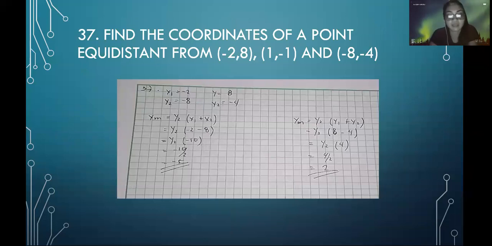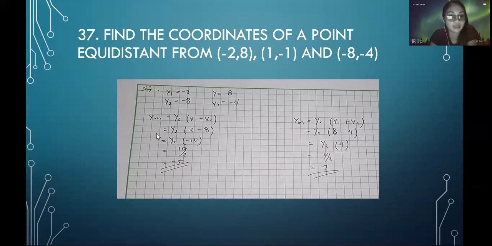Number 7 is the last one. Find the coordinates of a point equidistant from negative 2 and 8, 1 and negative 1, and negative 8 and negative 4. So x sub 1 is equal to negative 2, y sub 1 is equal to positive 8, x sub 2 is equal to negative 8, y sub 2 is equal to negative 4.